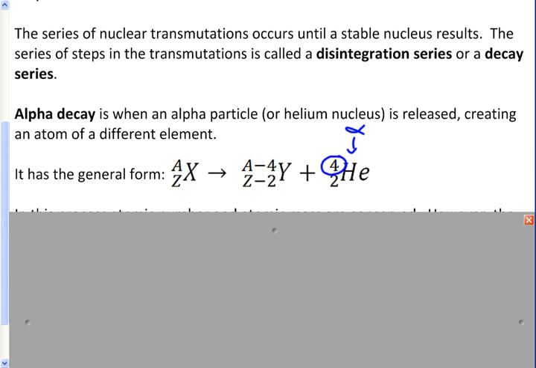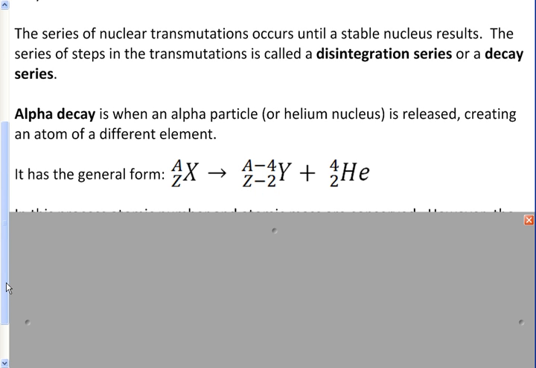So for example, if 4 things in the nucleus are taken out, then the atomic mass of our element has decreased by 4, and if 2, specifically protons, are released, then our Z number or atomic number has decreased by 2. So the number of protons has decreased by 2, and therefore we have a new element, which is why we have this symbol Y instead of X on the other side.